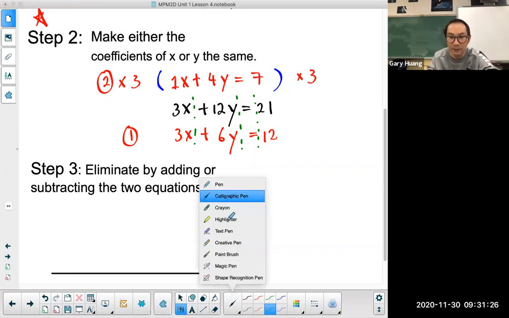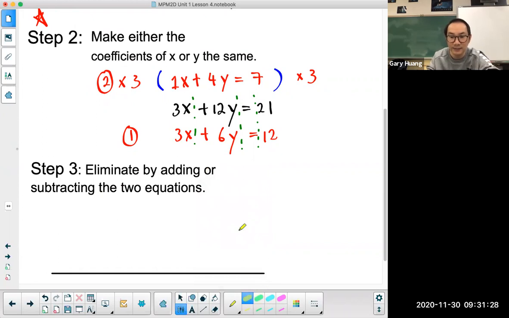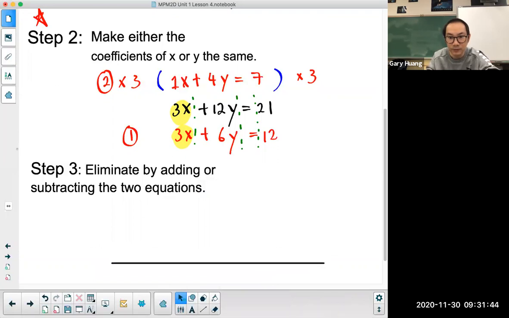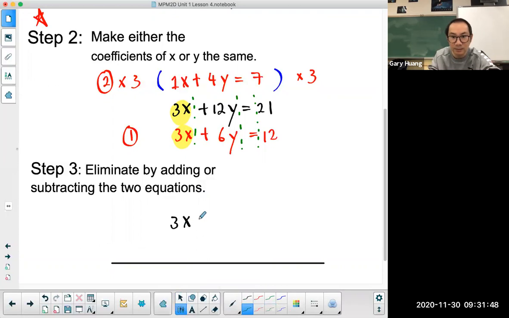Now, what do I have? I have 3x and 3x. How do I eliminate them? Well, if you add, you're going to get 6x, so I'm not going to add the two equations here. Instead, I'm going to subtract them. Let me copy those two equations down here: 3x plus 12y equal 21, and 3x plus 6y equal 12.